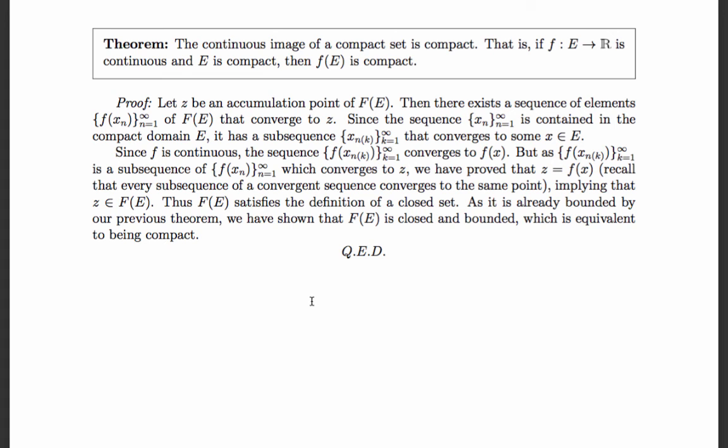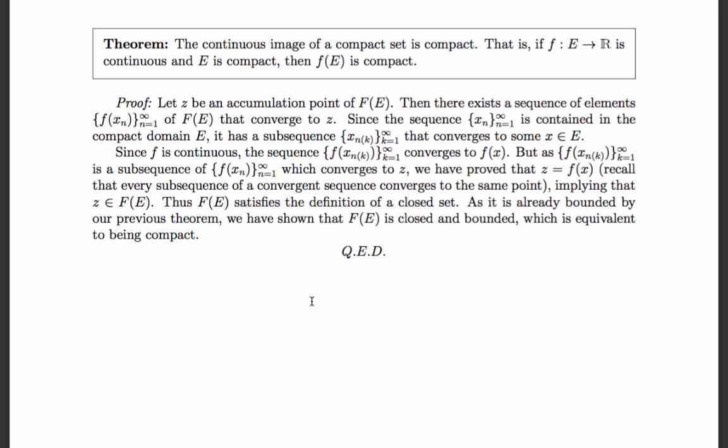Well, continuity buys us the fact that f of xn sub k converges to f of x because xn sub k converges to x. But f of xn sub k is a subsequence of f of xn, which converges to Z. So we just proved that Z is f of x.